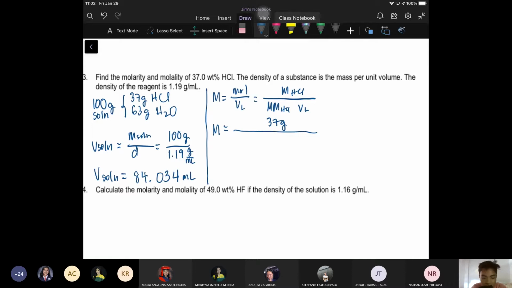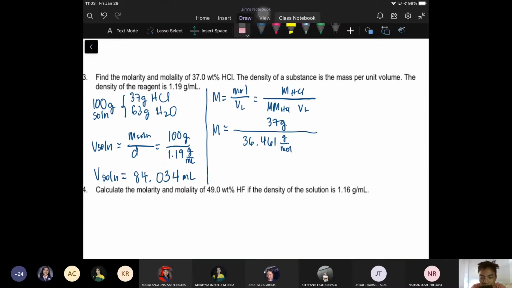So that's 36.461 g/mol. G/mol talaga basa ko dyan, ha. Pagbigyan nyo na ako. Sanay ako eh.